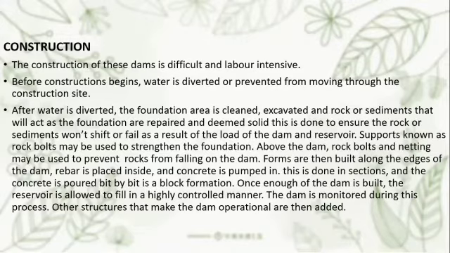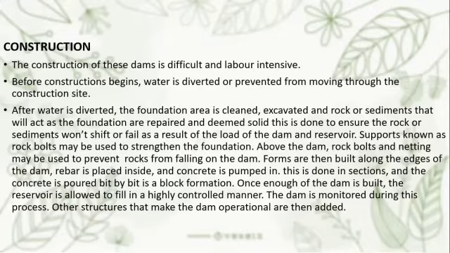Supports known as rock bolts may be used to strengthen the foundation. Above the dam, rock bolts and netting may be used to prevent rocks from falling on the dam. Forms are then built along the edge of the dam. Rebar is placed inside and concrete is pumped in.